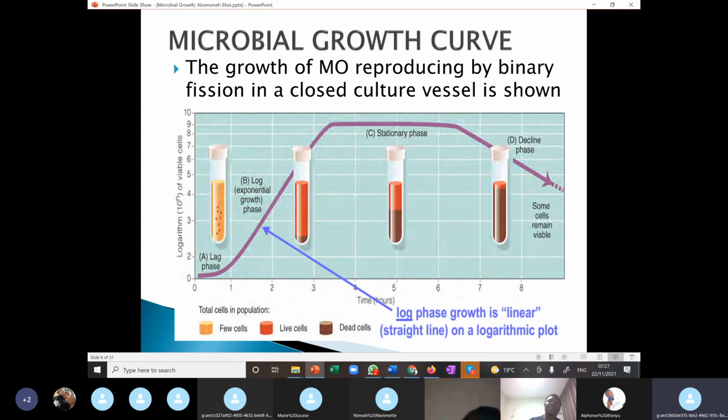So we'll have very few living cells, while most of the cells, some microbiologists hypothesize, actually entered a viable but non-culturable state in which the organisms are alive but not dividing.